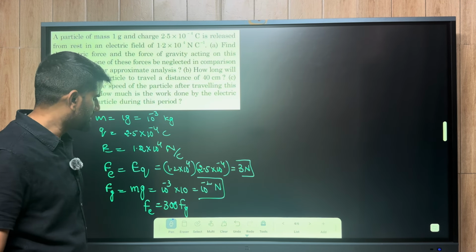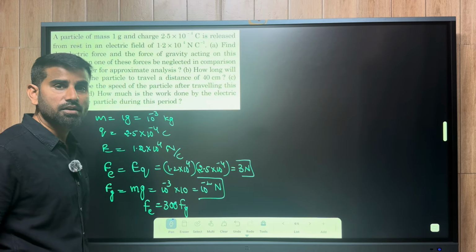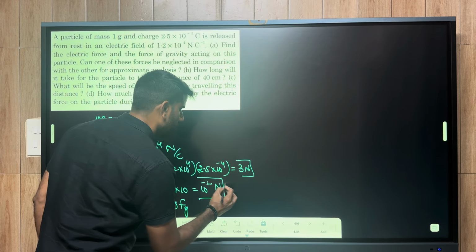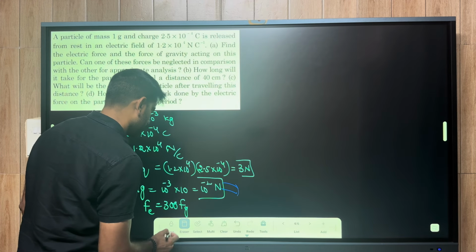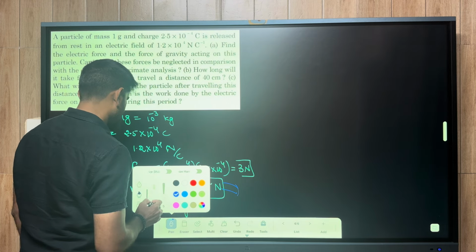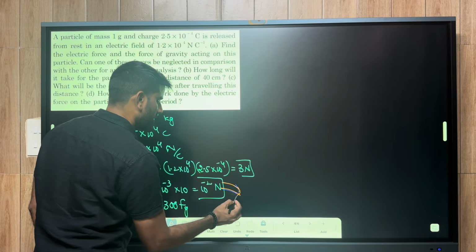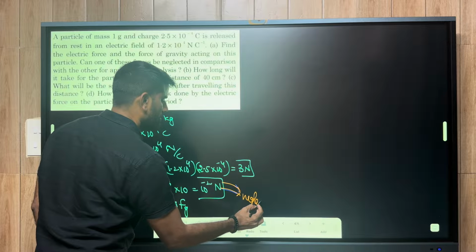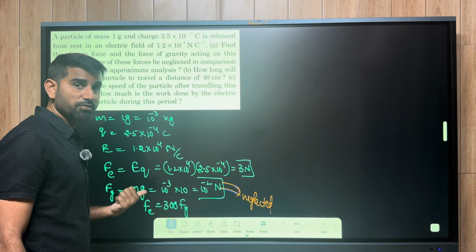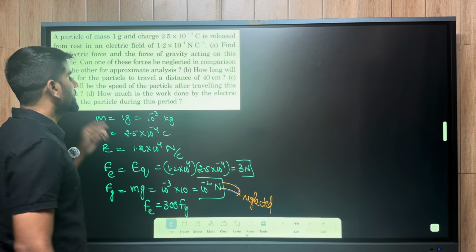That means force due to gravity can be neglected in comparison with force due to electric field. So electric force is considered, gravitational force is neglected. First part answer is completed.